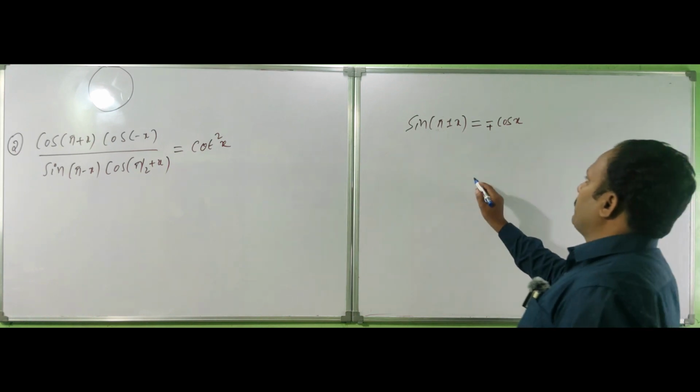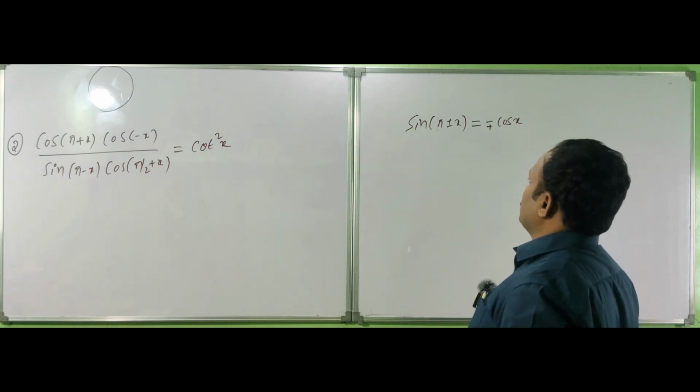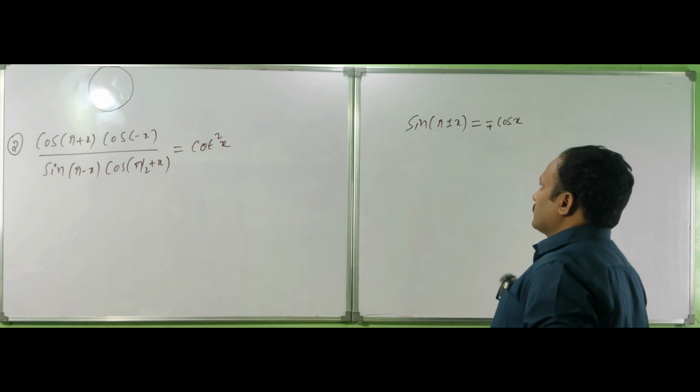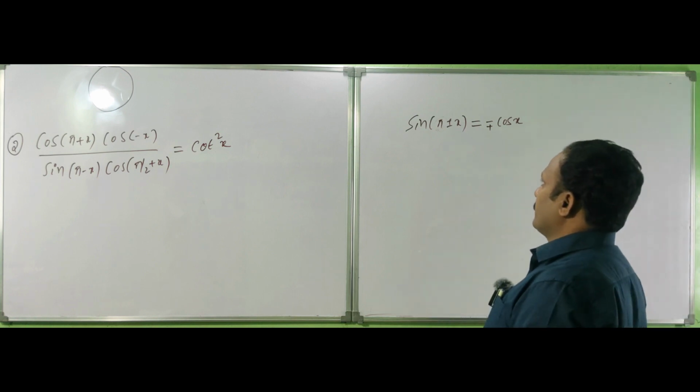Let's check. Sin(pi plus x) means third quadrant, where only tan is positive, meaning sin and cosine are negative.